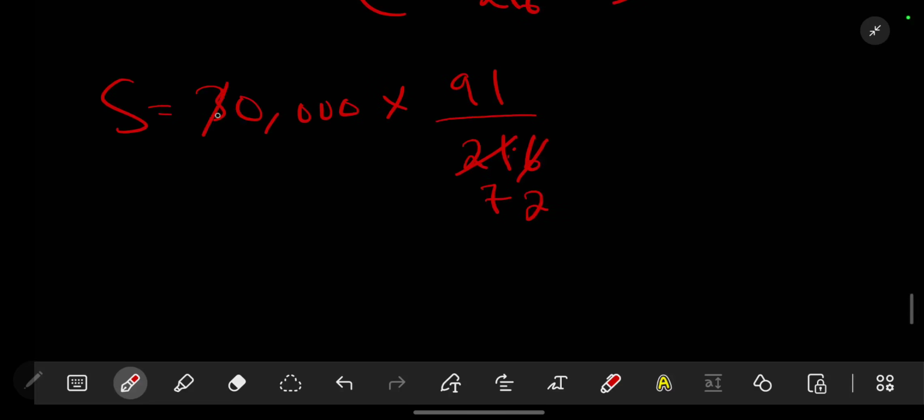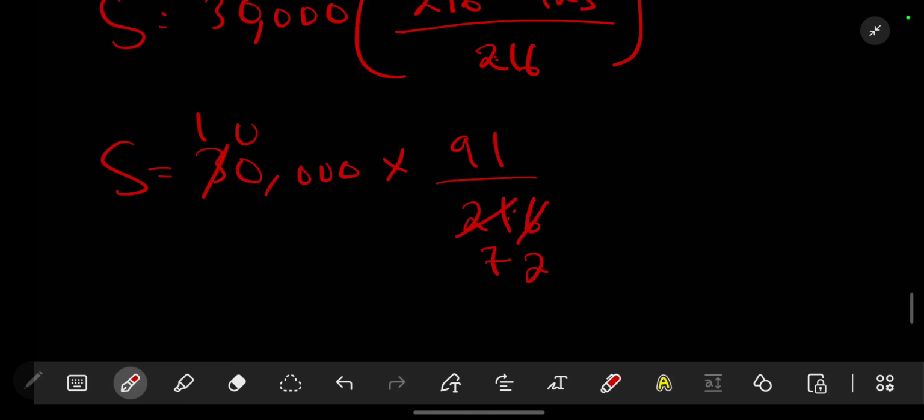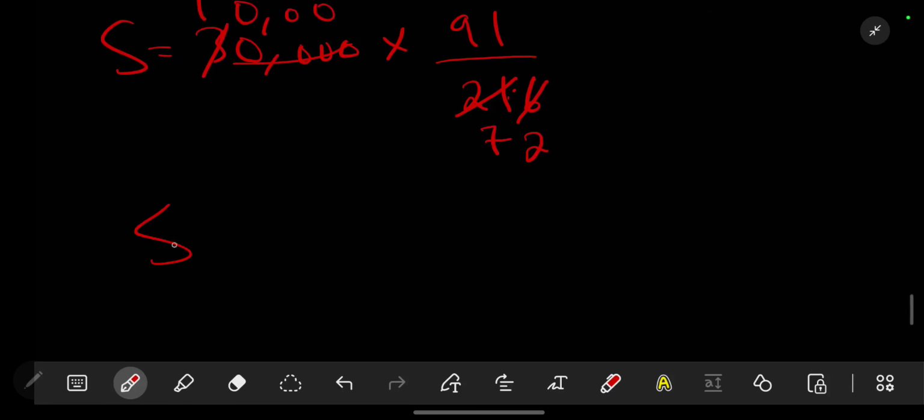Then here 30,000 divided by 3 is 10,000. So we have S is equal to 10,000 times 91 over 72.